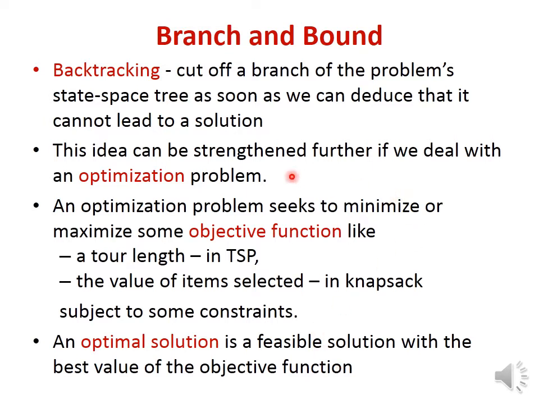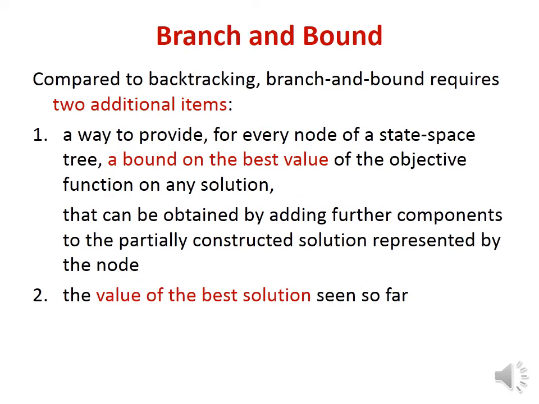So we can adopt backtracking with some improvement for optimization problems. That is what we call branch and bound. Let us understand what that improvement is. Compared to backtracking, branch and bound requires two additional things for its implementation.